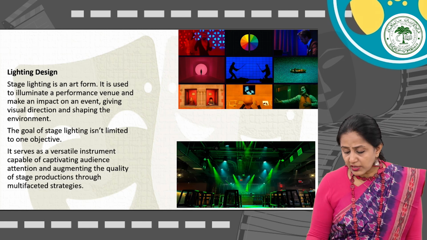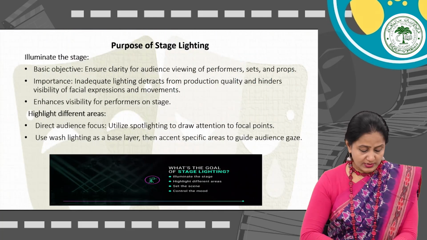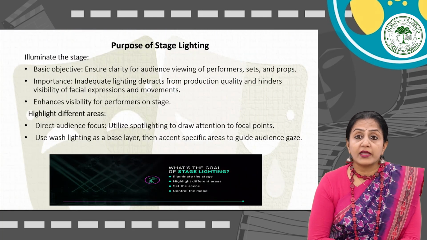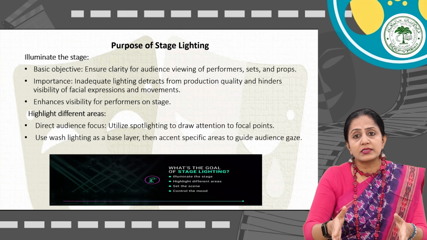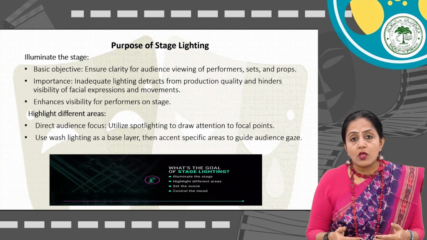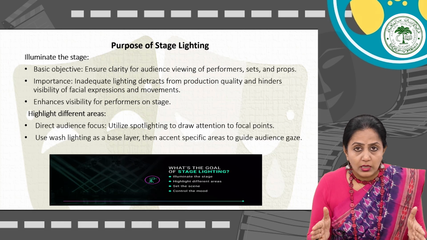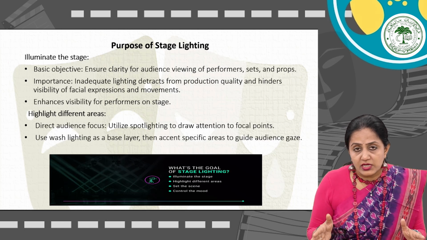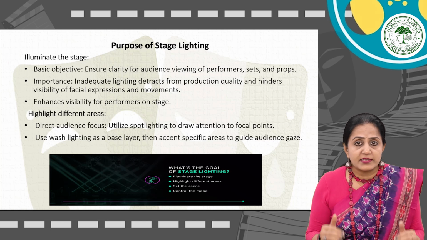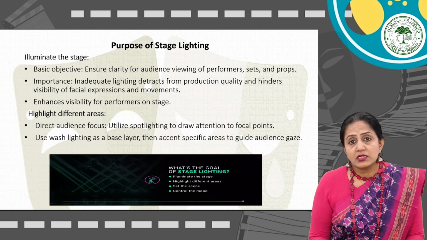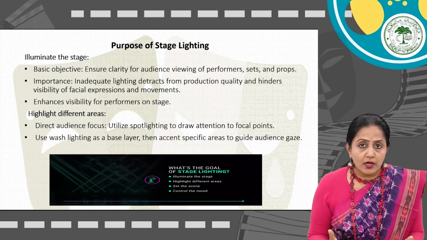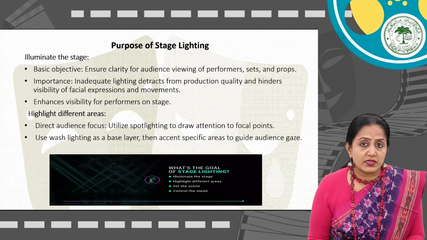One very important thing that you must understand is the use of light for separating the audience and the stage. So the audience is generally made to sit in a less lighted area when the performance is going on, and the stage is lighted up because that's where the focus is.